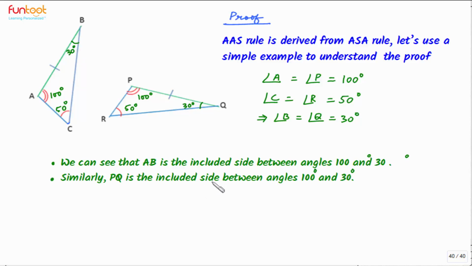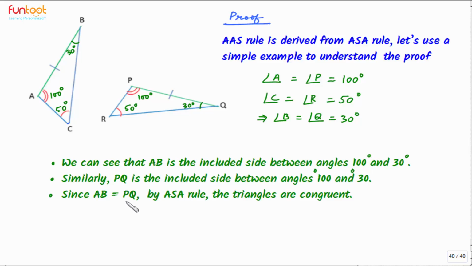Similarly, PQ is the included side between angles 100 degrees and 30 degrees. Since AB is equal to PQ, by ASA rule, the triangles are congruent. Here we have proved AAS rule using ASA rule.